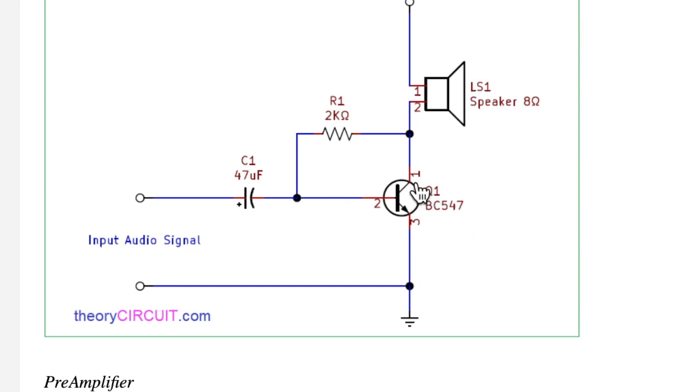There's the collector, base, emitter, and there is a capacitor and a 2 kilo ohm resistor. So it's only got 1, 2, 3, 4 components, and this will go to the negative side of the battery, that will go to the positive side of the battery.